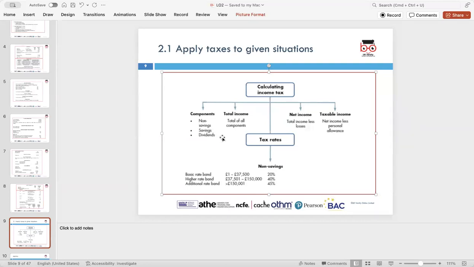Then the tax rates for non-savings income are: income in the basic rate band, which ranges from £1 to 37,500 pounds, is taxed at 20%. Then the higher rate band is 40%, and the additional rate band is 45%, as we discussed above as well.